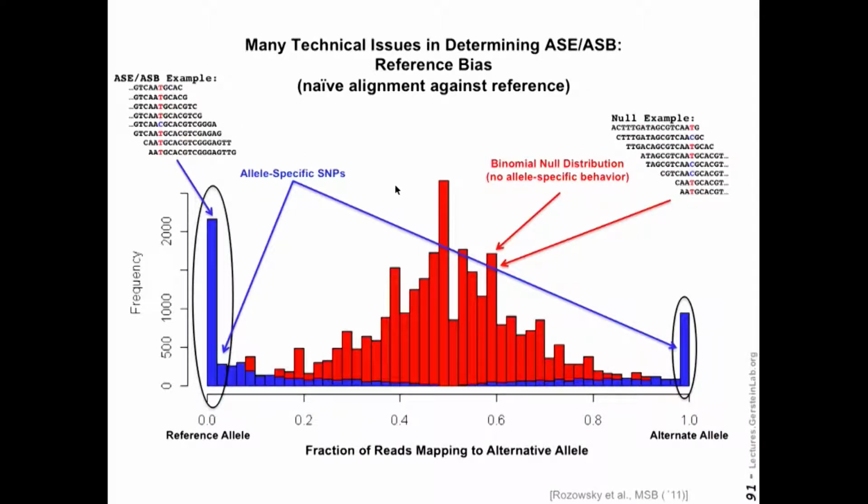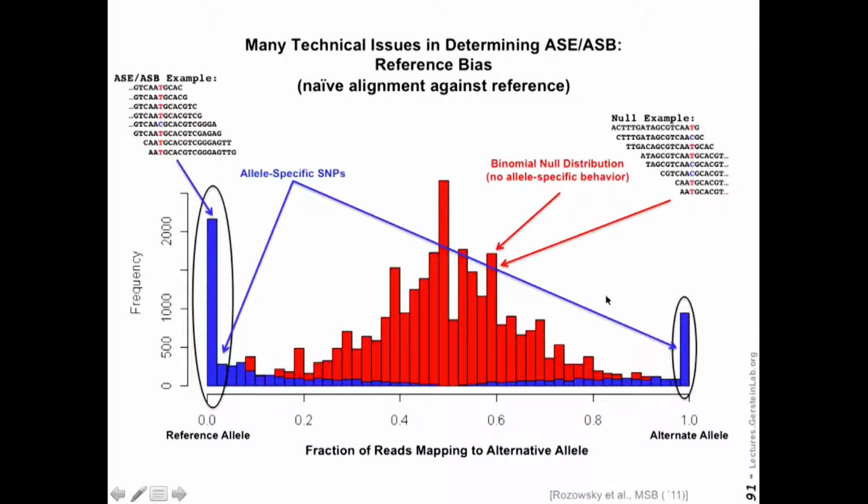Now, it turns out this is one of the most technically challenging processing tasks to do. And why is it technically challenging? It's because of this very complex effect called reference bias, which is a very confounding, tricky effect.